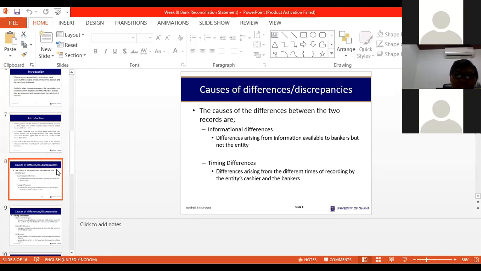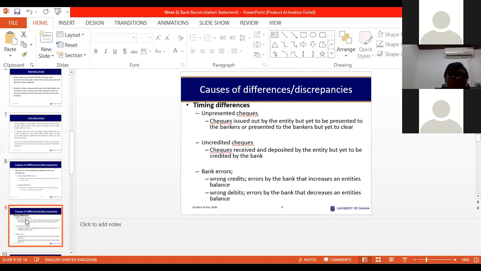Either the bank didn't record it at the said time, or we also did not proceed with it at the appropriate time. So these are the two main causes. Now let's quickly go through them. The first one is the timing differences. What could cause a timing difference? The first one is what we call the unpresented checks.